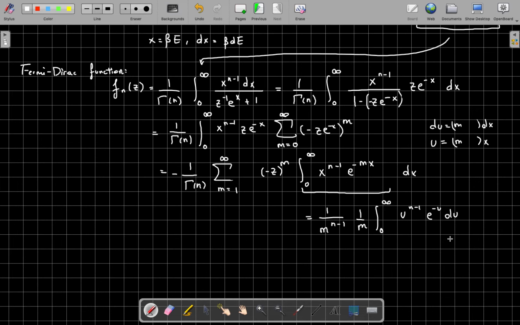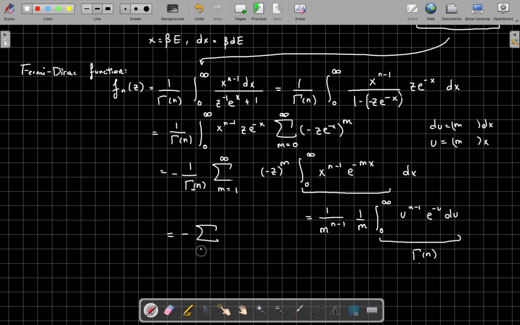This is a gamma function, right? This is gamma of n by definition, so these cancel out, and in the end result, what do I find? I get, no gamma function.